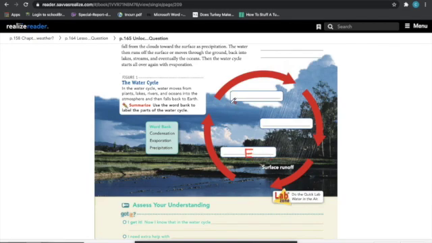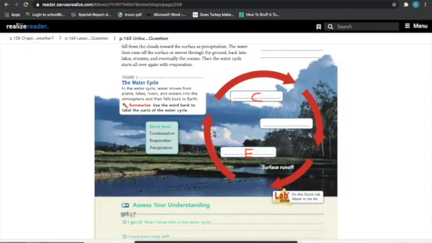Let's move on to the next rectangle up here. After water evaporates, it rises up into the air and does what? It's either condensation or precipitation. Take a second, figure it out, and answer the question. All right, if you said condensation, you are correct. Remember, water turns into water vapor via evaporation.